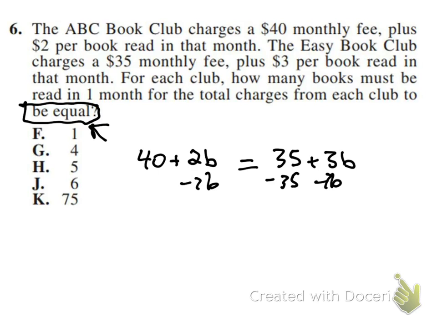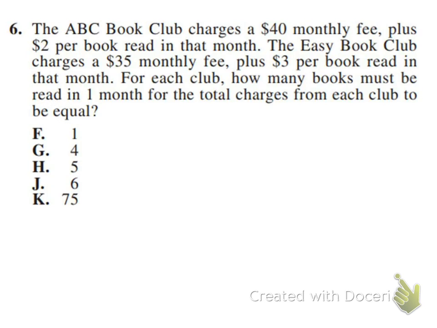Subtract 35 to get that by itself there. And we're going to have B equals 5 books. So for 5 books, the charges will be equal.